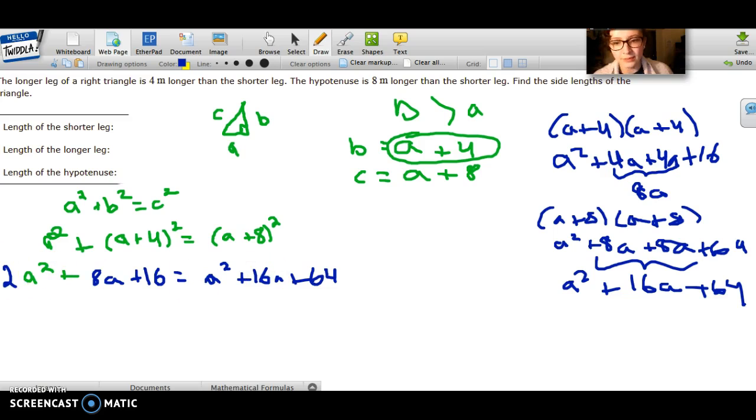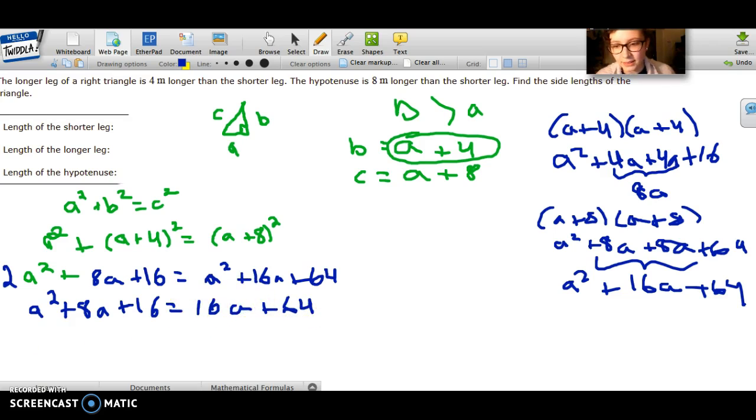And now we have to get all of these terms on the same side. Since there's a 2A squared here and an A squared on this side, I'm going to move all of these terms over to that side, so our A squared won't be a negative term. So subtract A squared on both sides. 2A squared minus an A squared is A squared. A squared plus 8A plus 16 is equal to 16A plus 64.